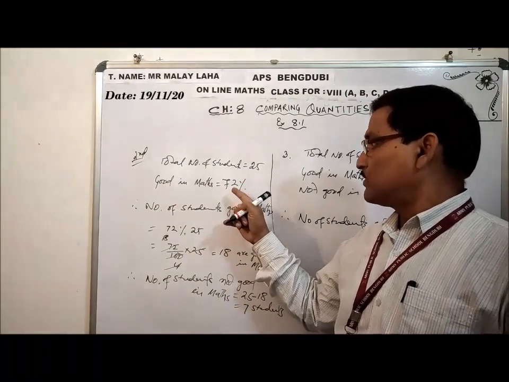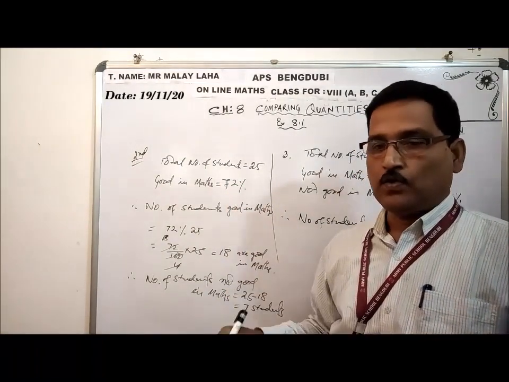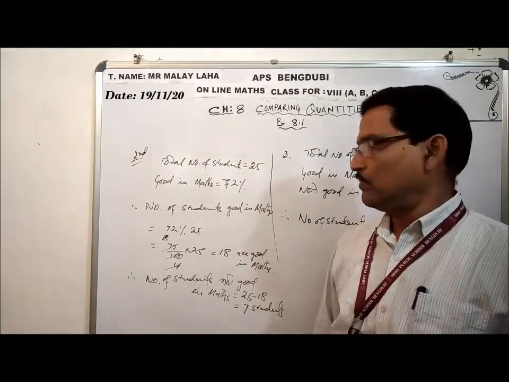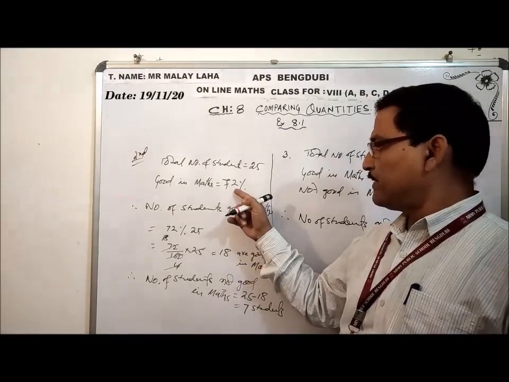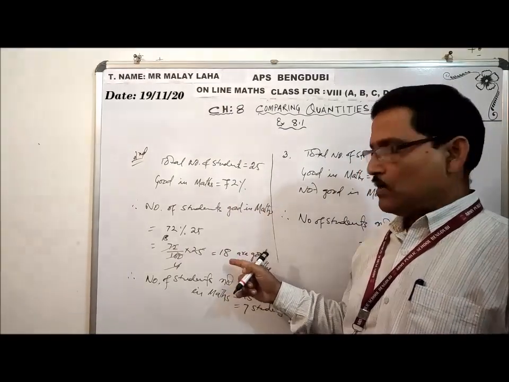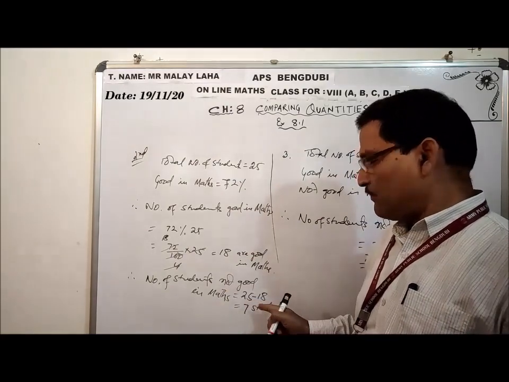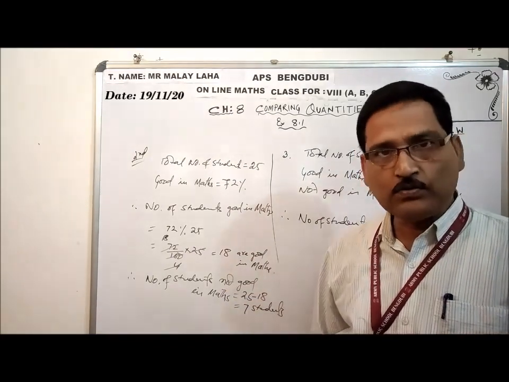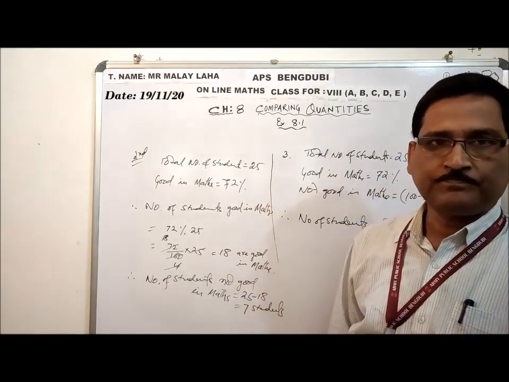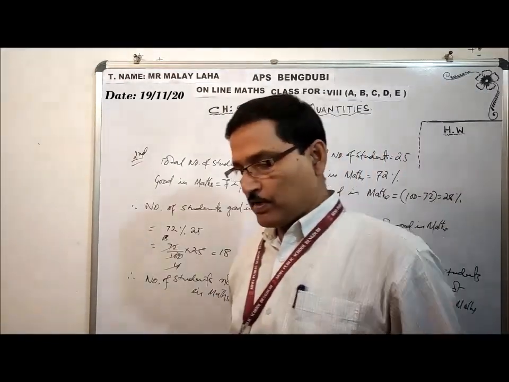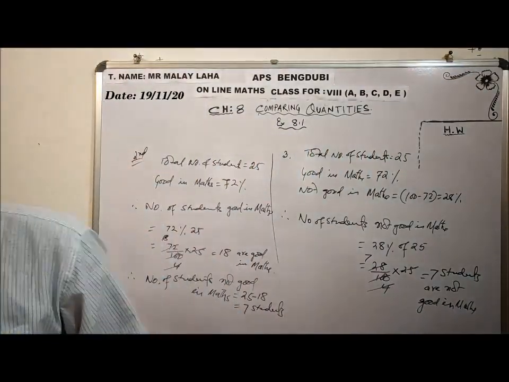Why? Because the good percentage is given, and the not good number you need to find out. We cannot do it directly, so you find out the good number only. When you deduct this good number from the total number, I will get not good in maths. The same question you can perform in two ways, no problem.